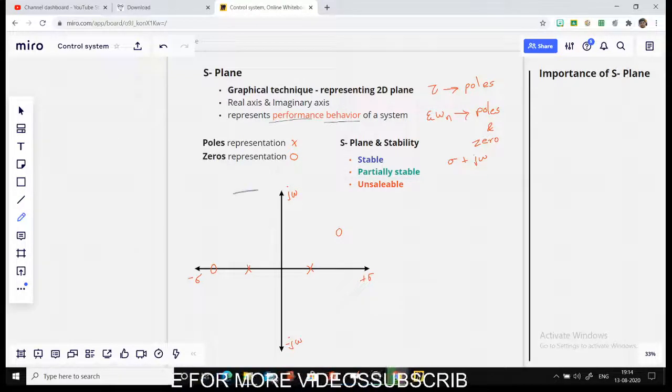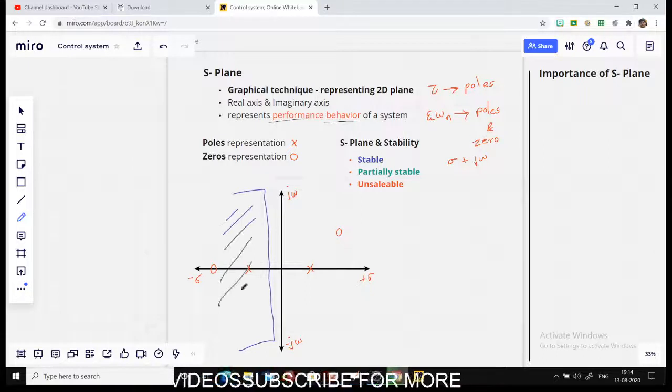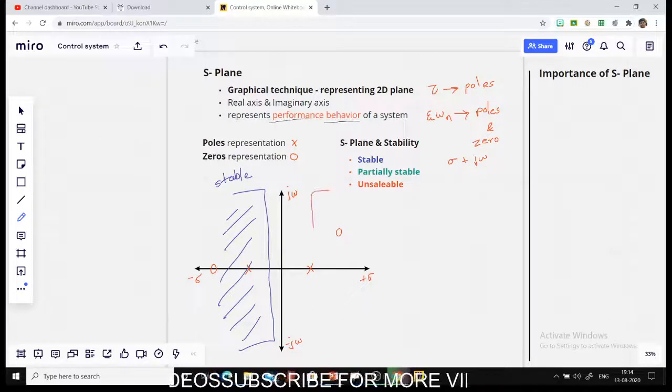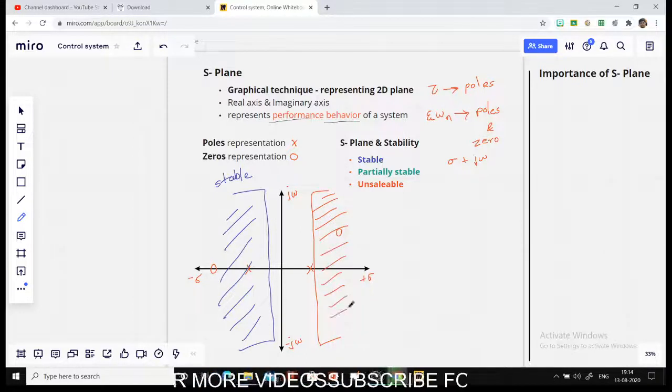So if all of your poles are on the left hand side, you can say your system is going to be stable. The next is unstable. If all poles or any one of the poles is on the right hand side of your S-plane, your system is going to be unstable.